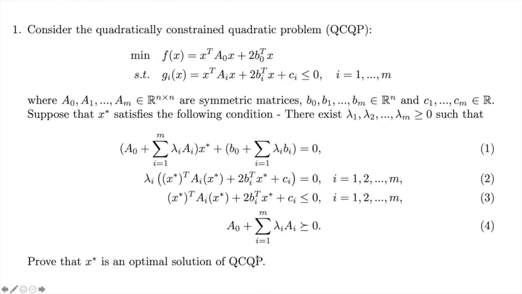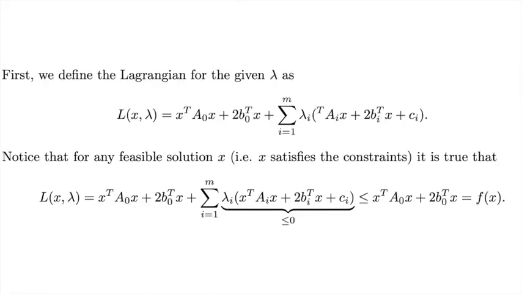You can look at these conditions and they remind us of the KKT conditions of optimal solution for a constrained optimization problem. We will define the Lagrangian for any given lambda as L(x, lambda) being the definition of f plus the sum over lambda_i (x transpose A_i x plus 2 b_i transpose x plus c_i), which is the g_i constraint.